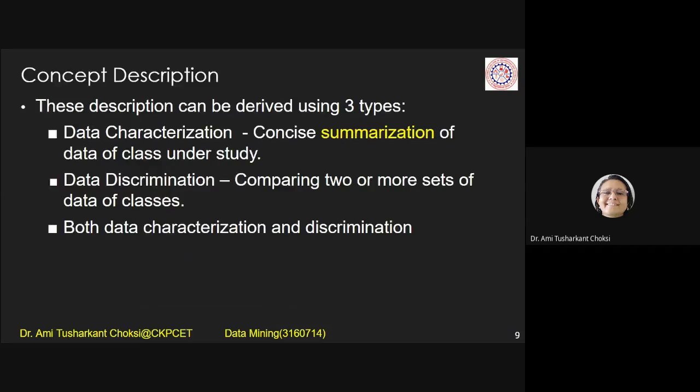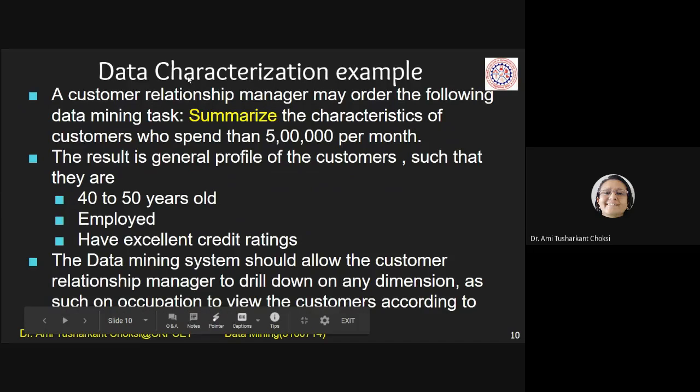So now we want to see examples of all these types, right? So let us see a data characterization example. What do we see about that? A customer relationship manager may order the following data mining task. Now, what is the data mining task we consider here?